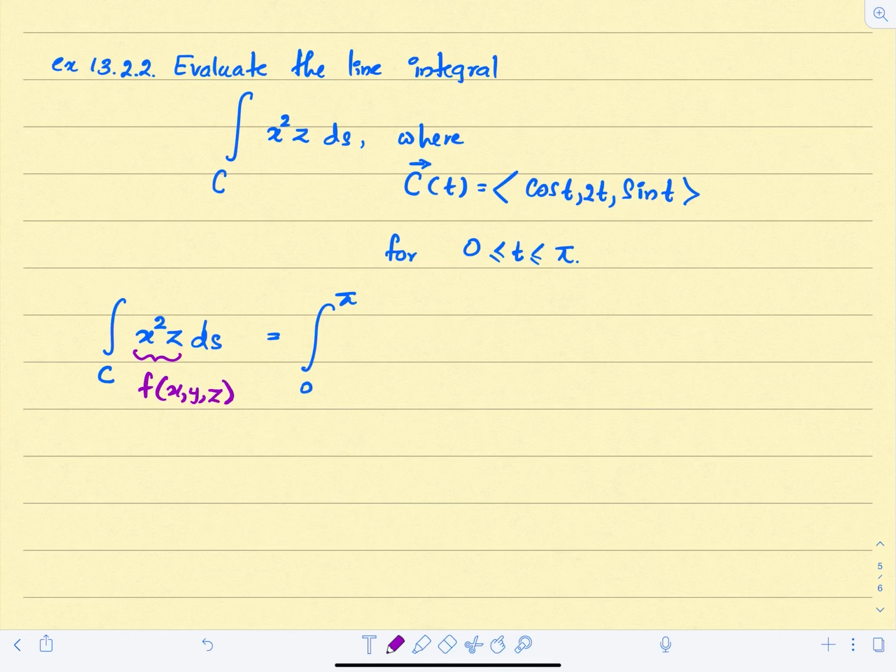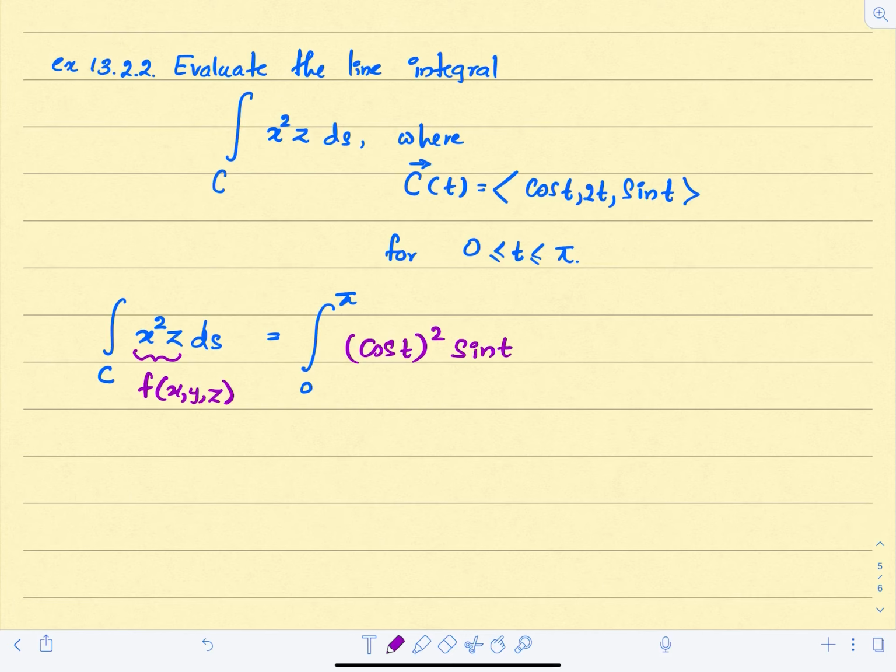We want to evaluate this function f on the curve. So instead of x we should write cosine t. So we have cosine t squared, and we do not have a y term, but we do have a z term, and z coordinate equals sine t.